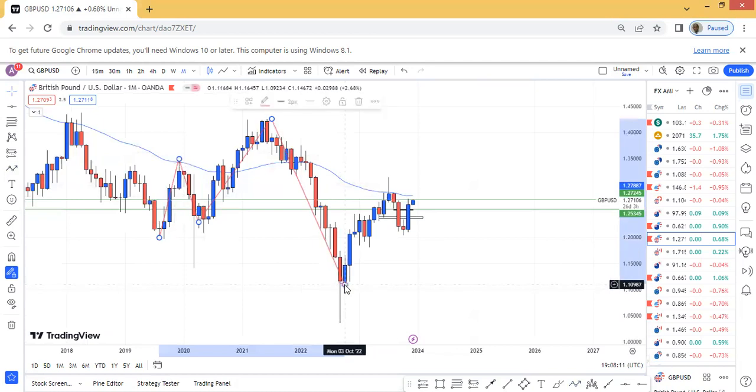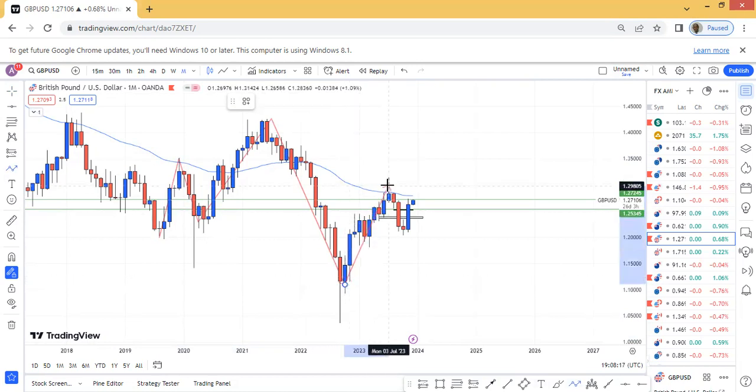Then from here, we came to form a potential lower high. Since the market has not broken structure in any direction, this is a potential higher low.